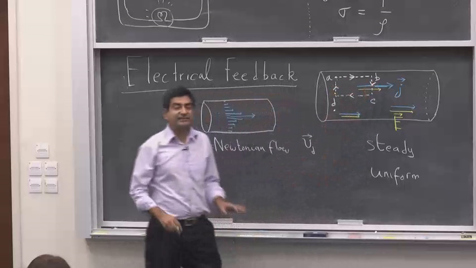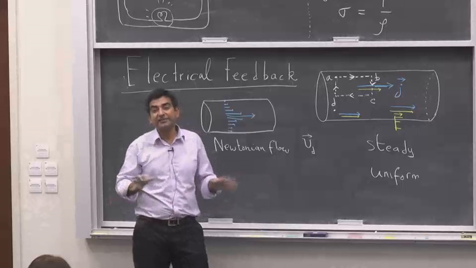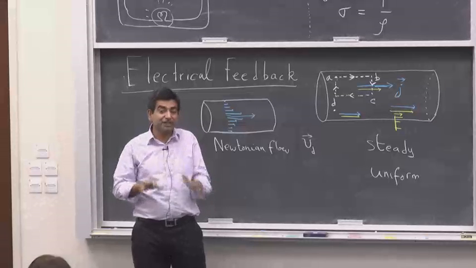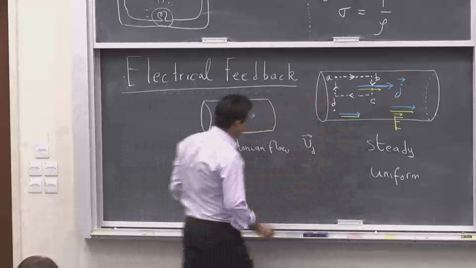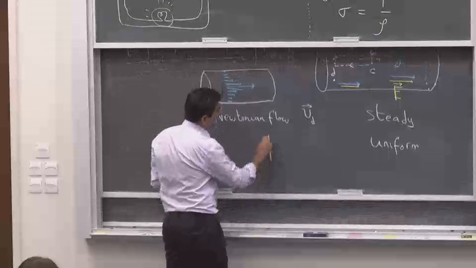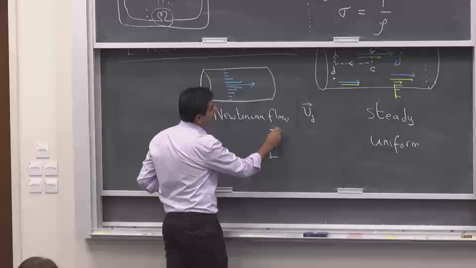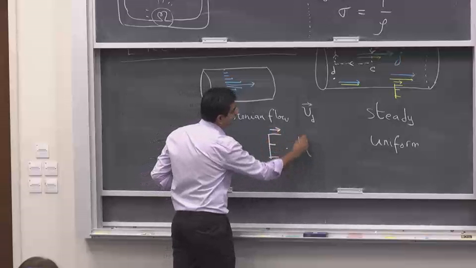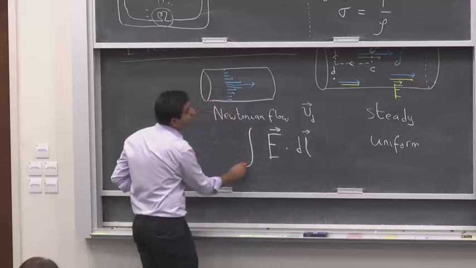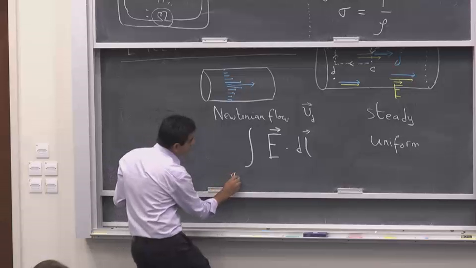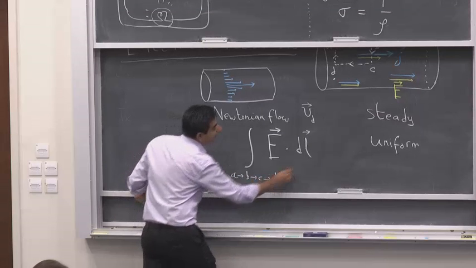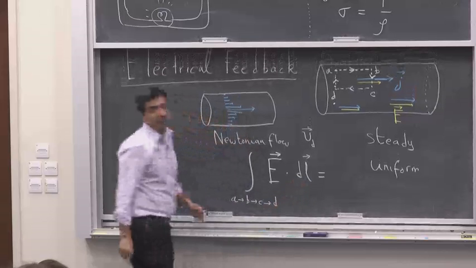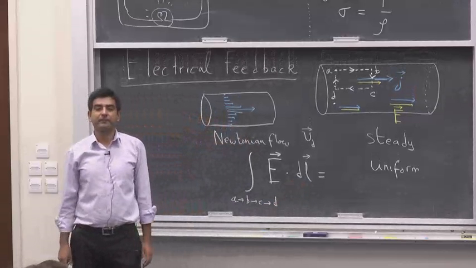Since there are no changing magnetic fields involved here, if I move around this path and compute E dotted with dl around this closed path, going from A to B to C to D, what must this be equal to?